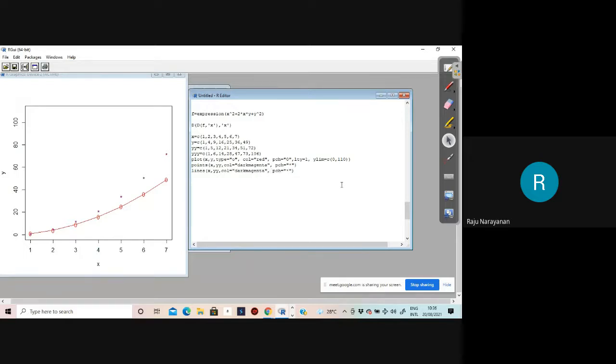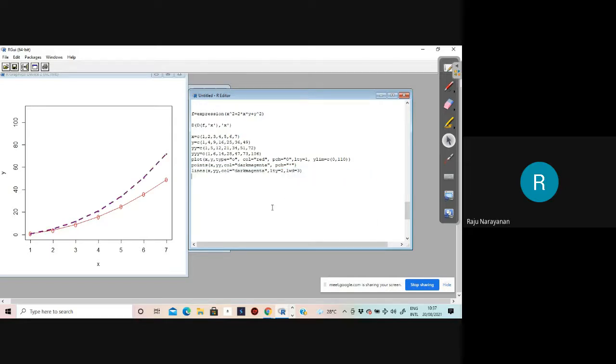Color is not needed, and line type is equal to, you can give 2 or 3, no problem. And if you want, you can give lwd, line width, let it be 3, no problem. So that you can see a thick line. You can see a thick line.